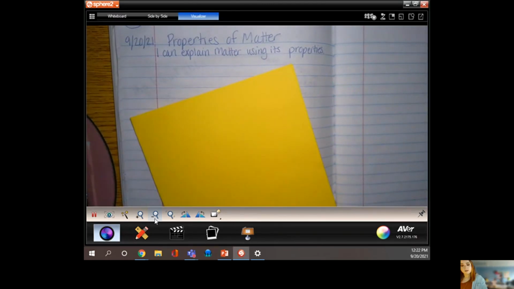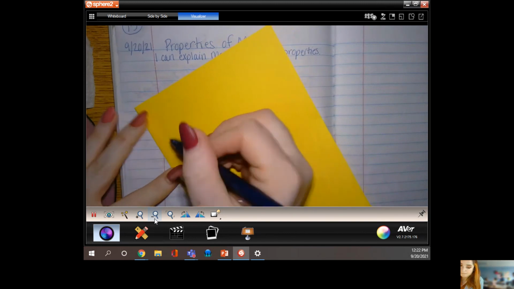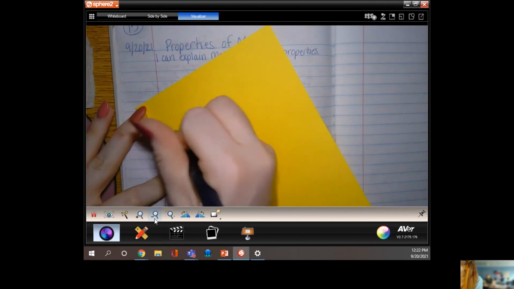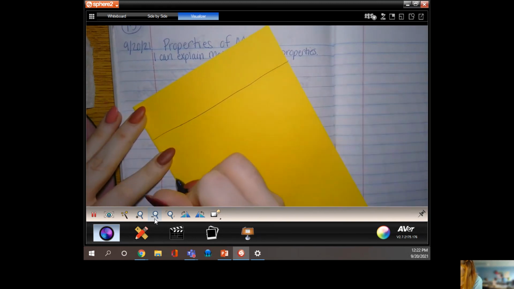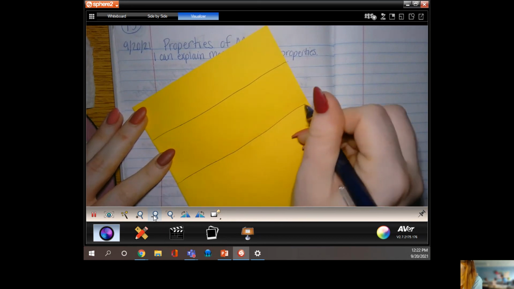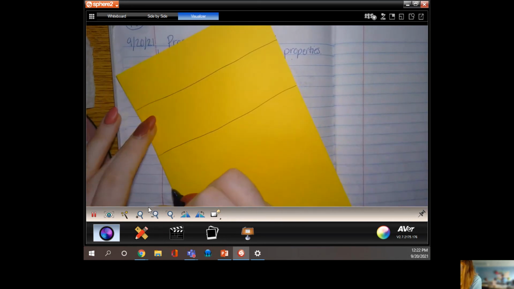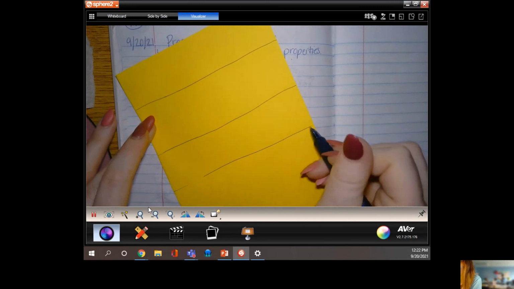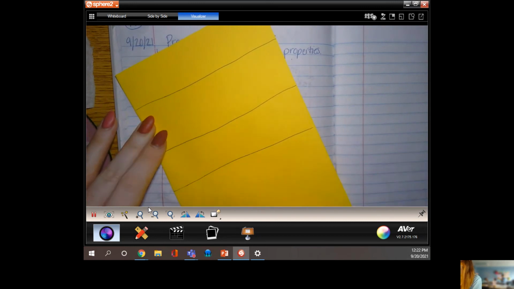And then I need 5 flaps. To make 5 flaps, you have to draw 4 lines. Does it have to be perfect? Nope.